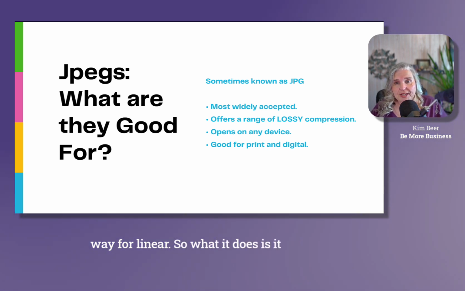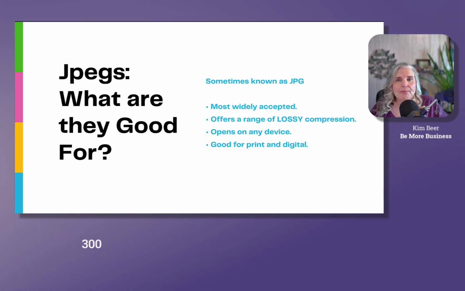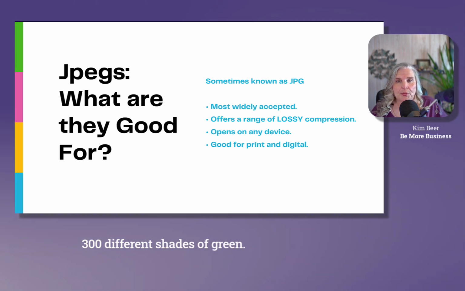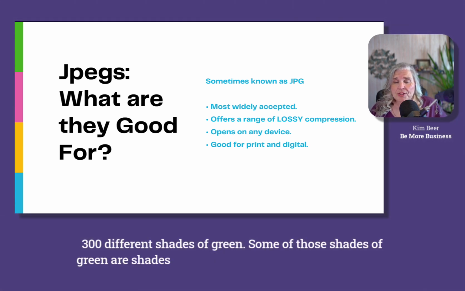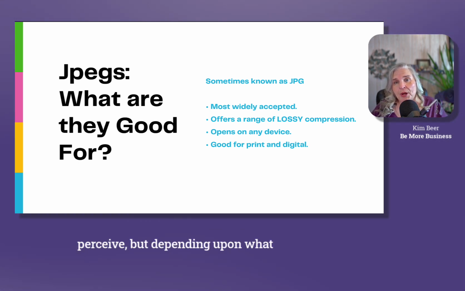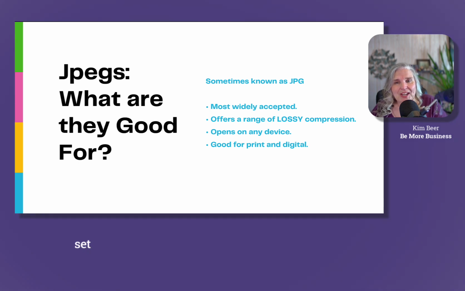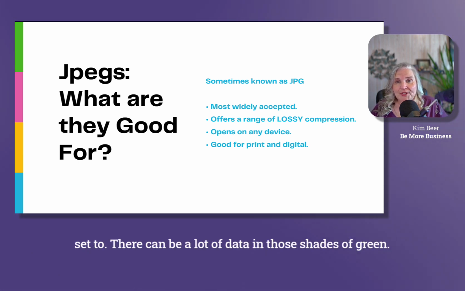What it does is it takes a look at a photograph, and let's say that photograph has maybe 300 different shades of green. Some of those shades of green are ones that even the human eye can't perceive, but depending upon the bit depth and all the other settings of the camera that was used to take the photo, there can be a lot of data in those shades of green.